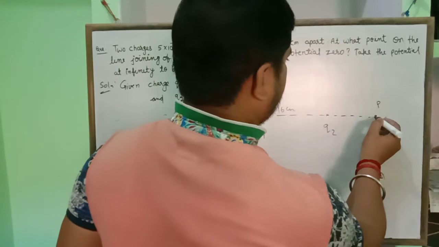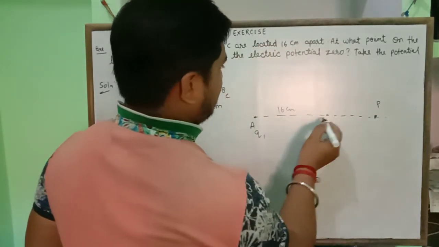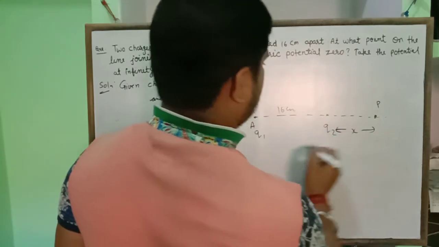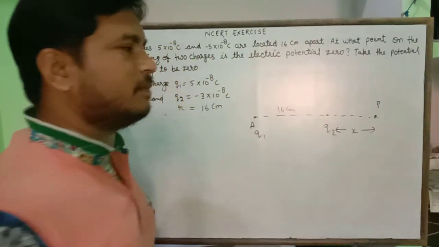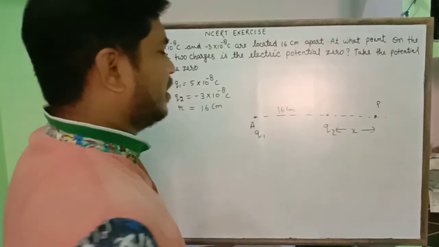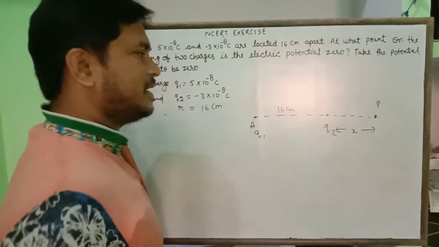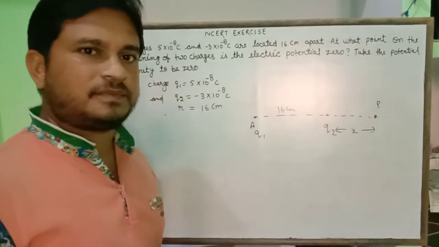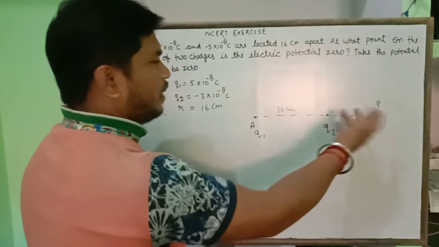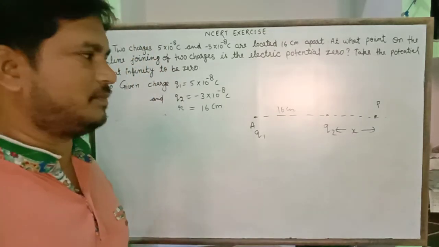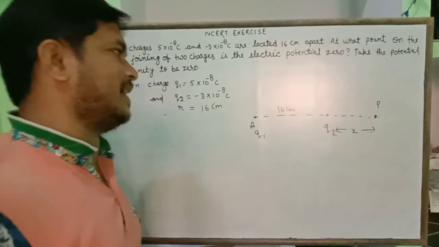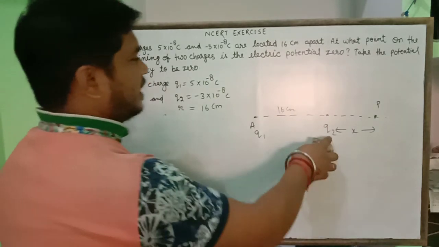Okay, so this is the point P. Okay, this is the 16 centimeter. If we take this is x, so we can also determine the potential. V1 is equal to 1 upon 4 pi epsilon Q1 upon distance. Distance means 16 plus x. Okay, and V2 is 1 upon 4 pi epsilon Q2 upon distance means x. So we can also determine the distance of the point P from the charge Q2 and Q1.